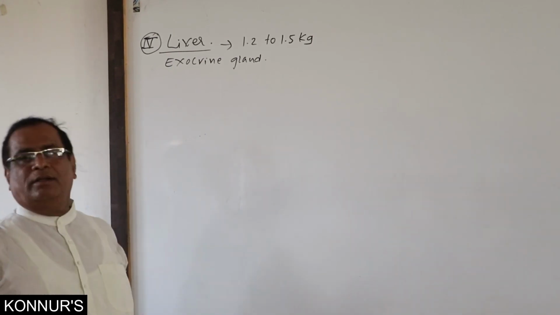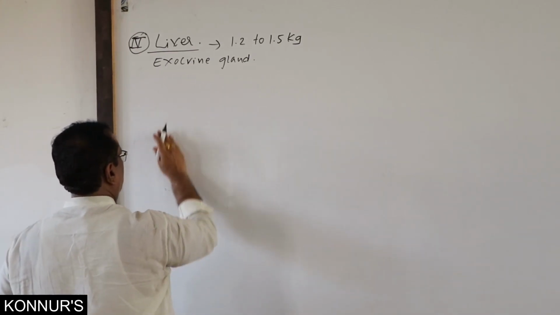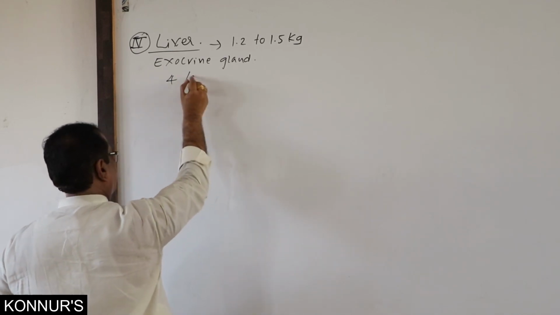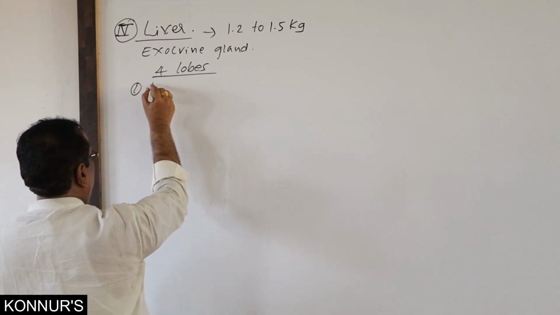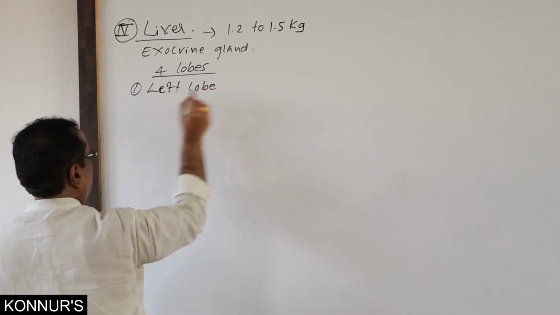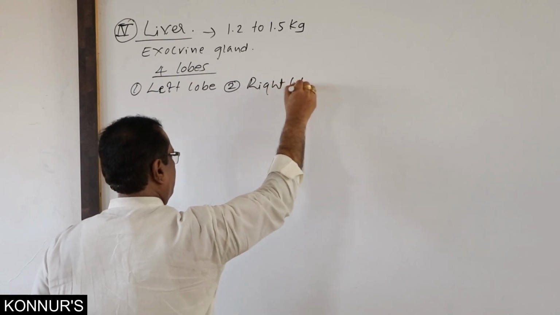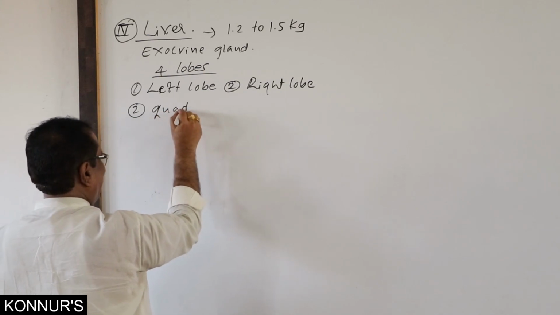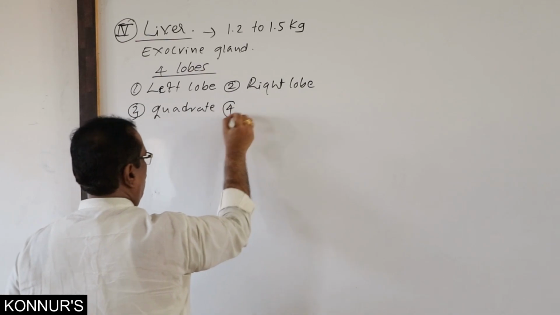And this liver has four lobes. Those are left lobe, right lobe, quadrate and caudate.